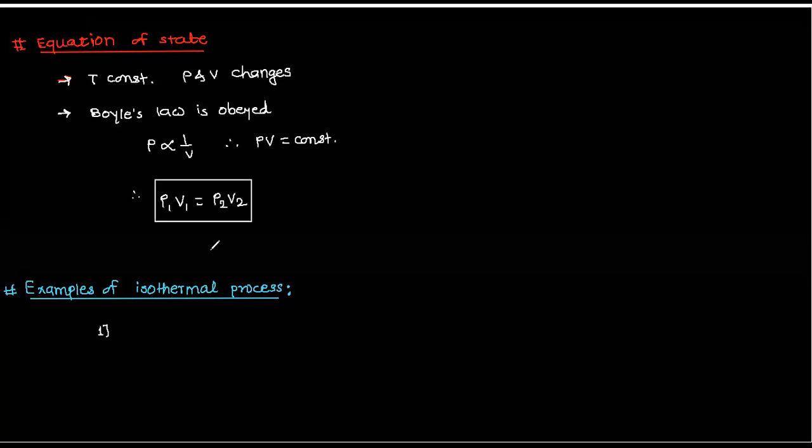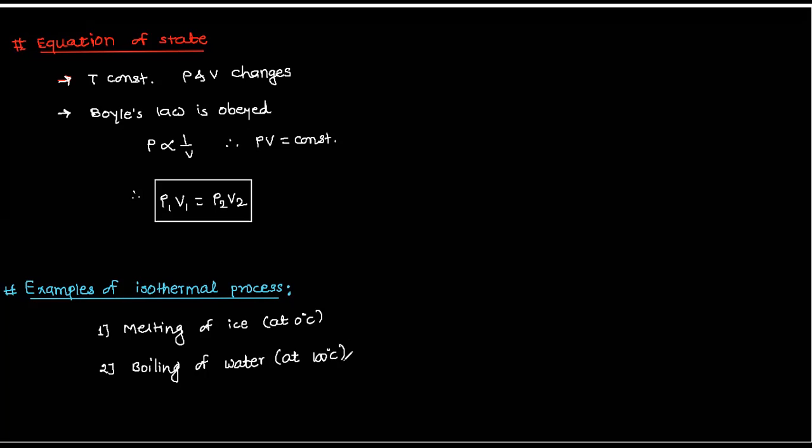So shall I write like this? Melting of ice, that is at 0 degrees Celsius. Which process? Isothermal process. Second one, boiling of water. At which temperature? At 100 degrees Celsius.